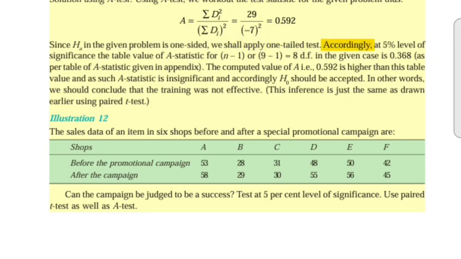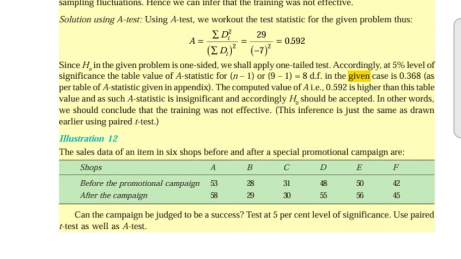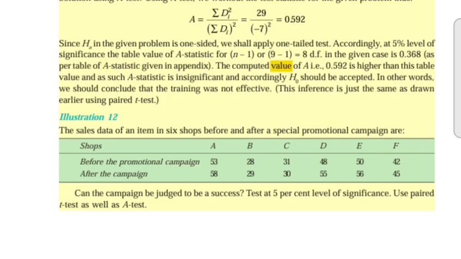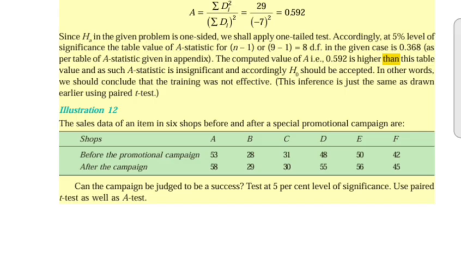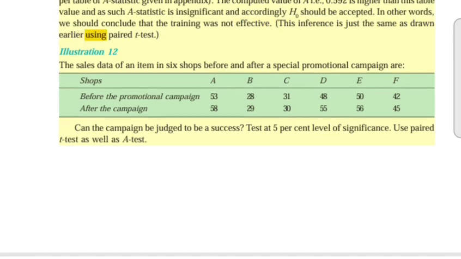Accordingly, at the 5% level of significance, the table value of the A statistic for n-1 or 9-1 = 8 d.f. in the given case is 0.368, as per the table of A statistic given in the appendix. The computed value of A, i.e., 0.592, is higher than this table value, and as such the A statistic is insignificant and accordingly H0 should be accepted. In other words, we should conclude that the training was not effective. This inference is just the same as drawn earlier using the paired t-test.